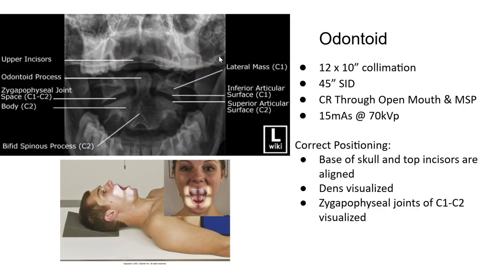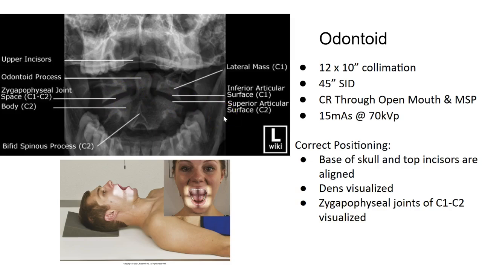Okay, and I will show you how to do this in lab. But when those two things are superimposed, it allows us to visualize the dens really nicely. Especially in a trauma situation, you want to make sure you can see that whole dens very nicely. We also see the zygapophyseal joints in between C1 and C2.